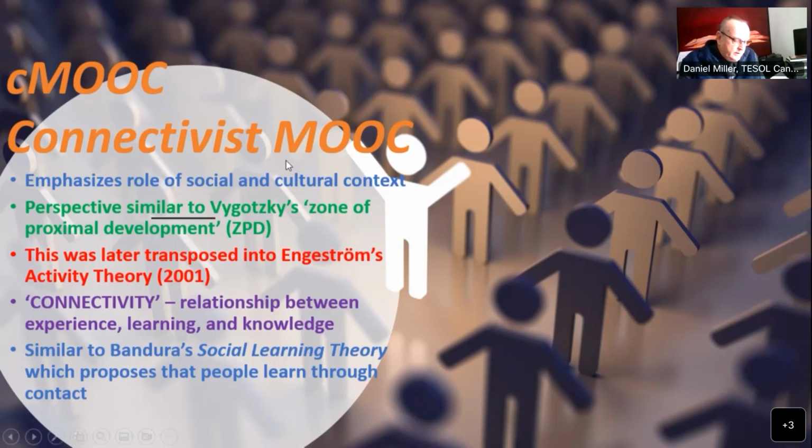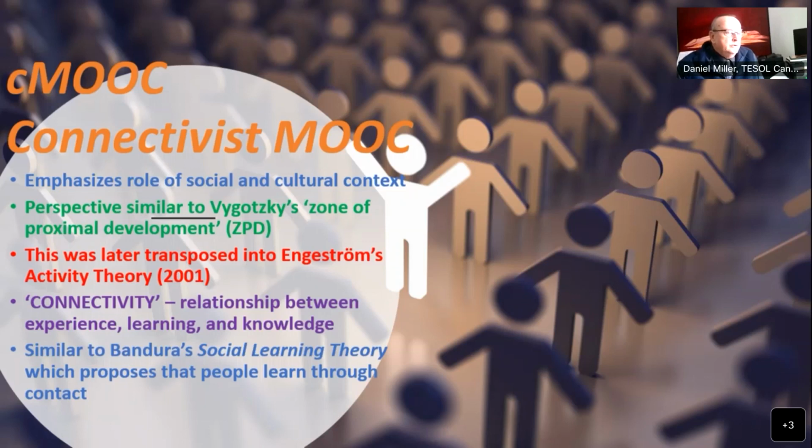Now, one of the things that I wish the Canvas platform had was a search bar. There's no search bar in Canvas. So you're not able to type in Engstrom, for instance, and have the Canvas platform take you to where the Engstrom name comes up and where his activity theory is described.